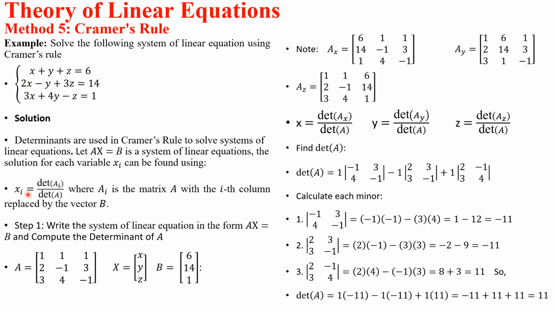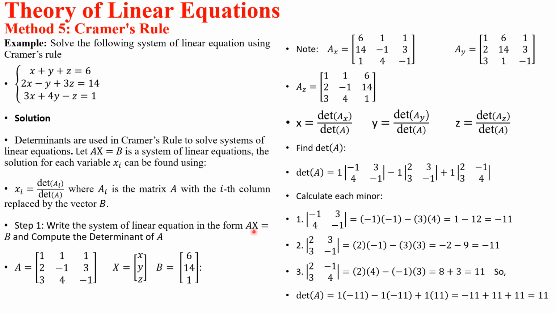For example, the coefficients of variable X are 1, 2, and 3. The coefficients of variable Y are 1, minus 1, and 4. The coefficients of variable Z are 1, 3, and minus 1.